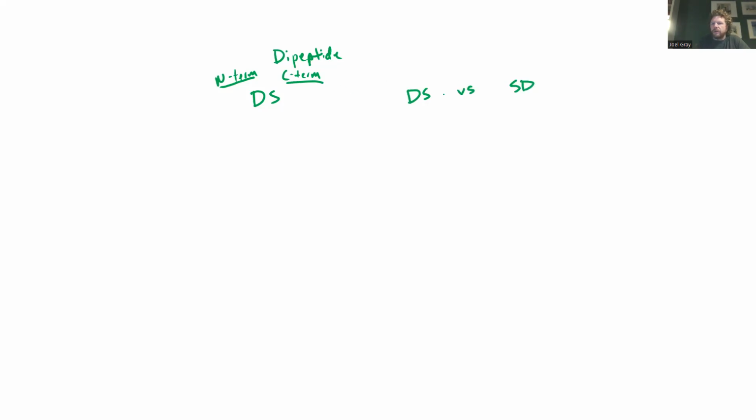What makes them different is the first amino acid listed is that which is on the N-termini. And in this one right here, I've listed D, or aspartic acid, as my N-terminal amino acid and S as my C-terminal amino acid. Whereas this right here, this dipeptide, SD, has serine on the N-termini and aspartic acid on the C-termini. Now, like I said, though, I'm going to draw DS.